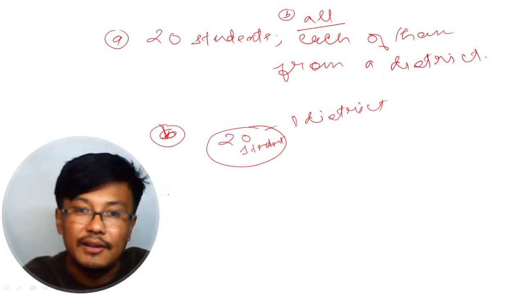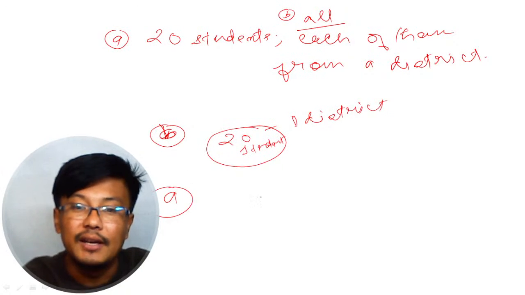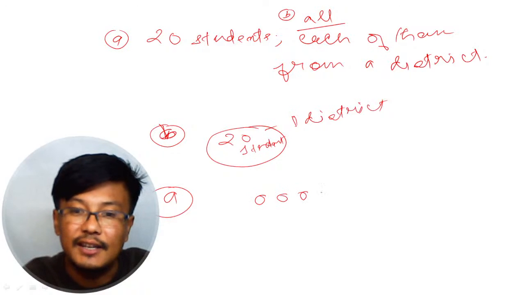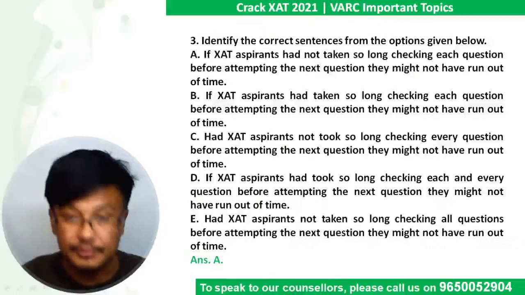But A would mean there are 20 students and there are 20 districts also. So 1, 2, 3, 4, count the number. It means 20 students and 20 districts. This is the meaning of A. Each is distributive. Is it clear?